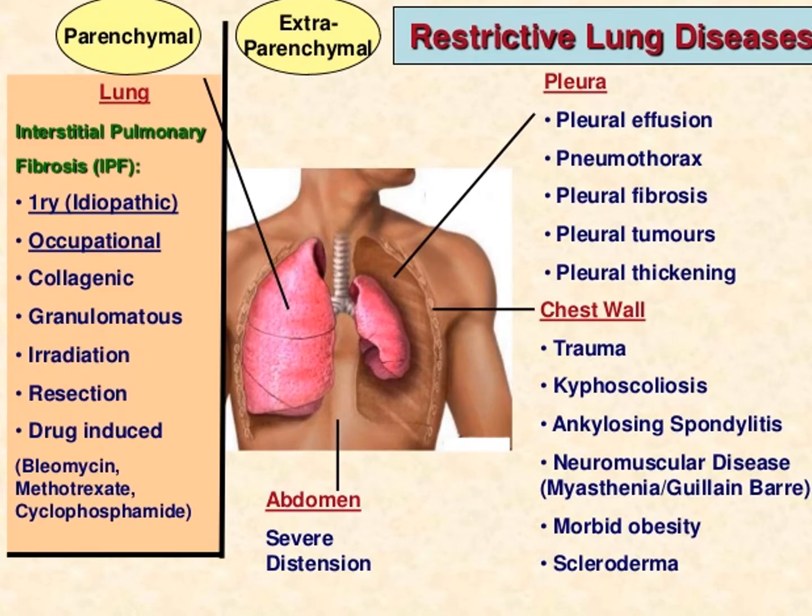So if we come back to our initial diagram, now we're going to look at extrinsic causes, extraparenchymal causes of restrictive lung disease, which can be seen on the right side of the screen.